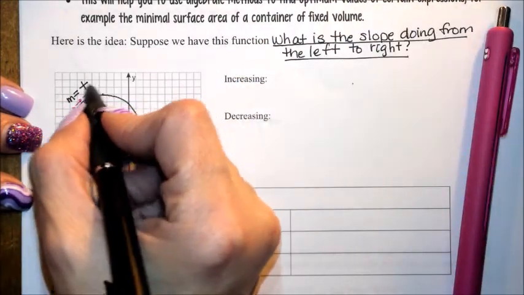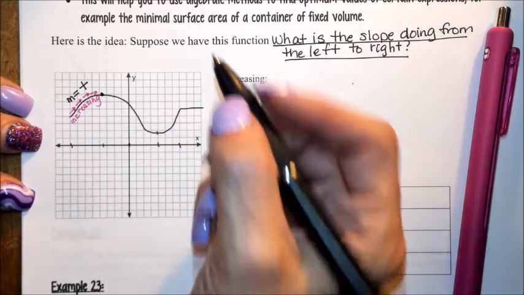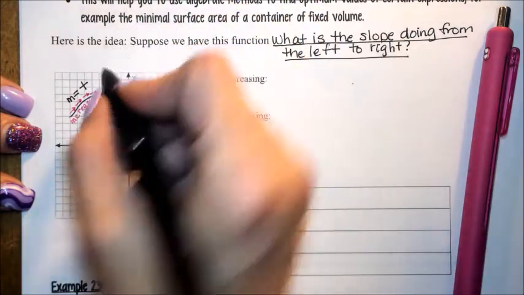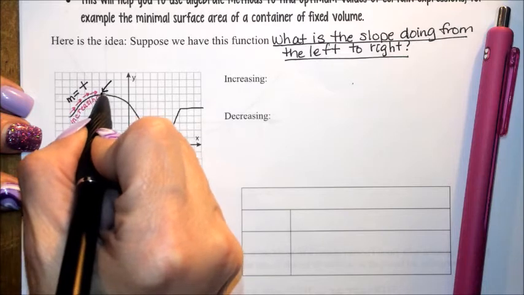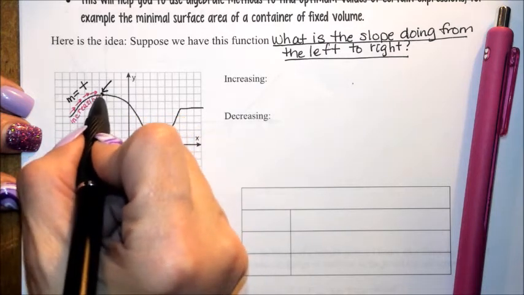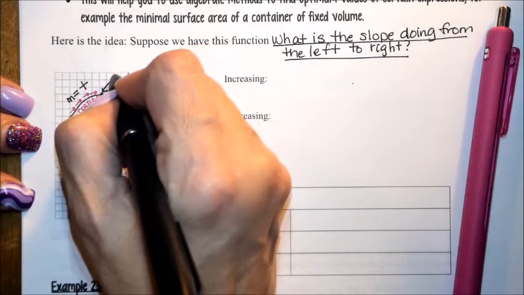And then it hits about right here. We'll call that point right there. And at that point right there, the slope is at a maximum, right? As we come up, we're at the maximum at the top of that function. And the slope of the tangent line right here would be 0.